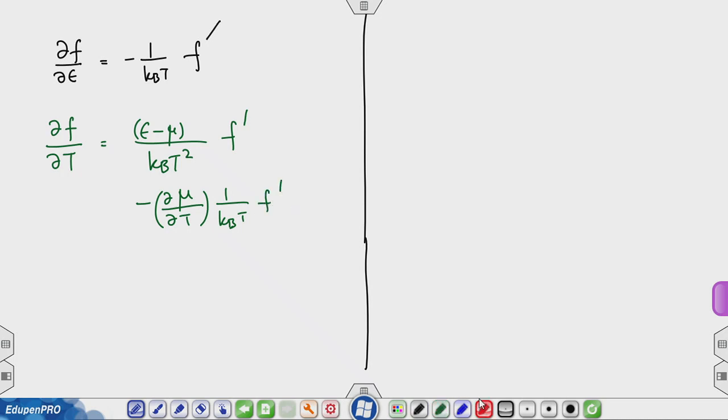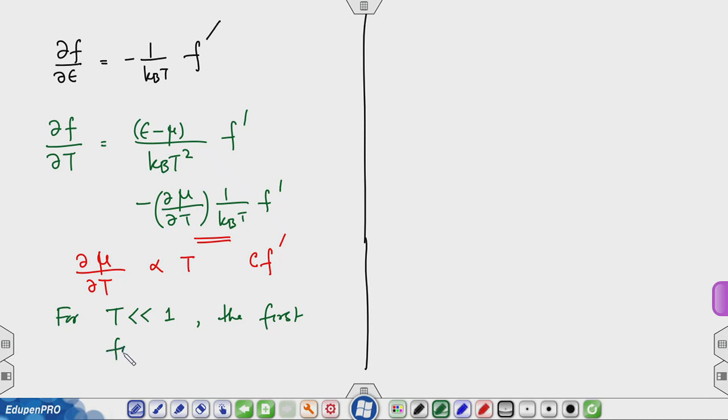Now I have already said that d mu dT is proportional to T. So the second term is going to be a constant times f prime for T much less than TF. The first term will dominate.